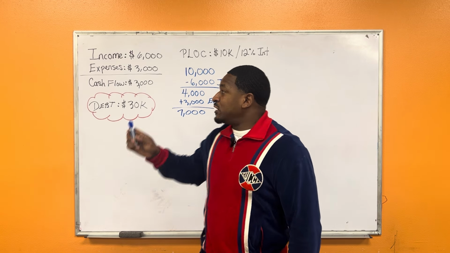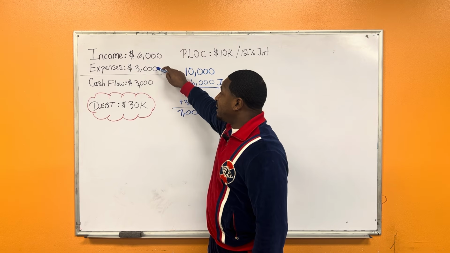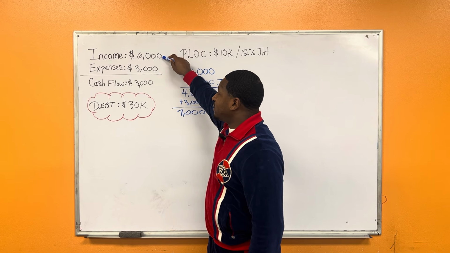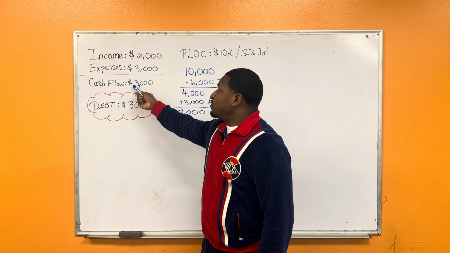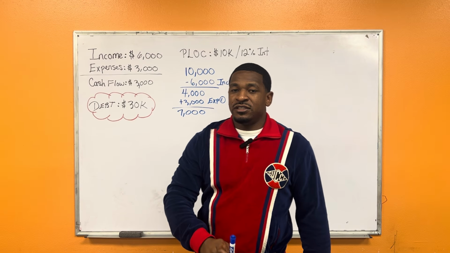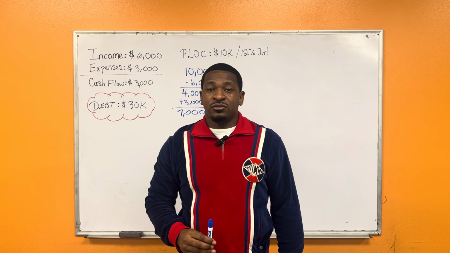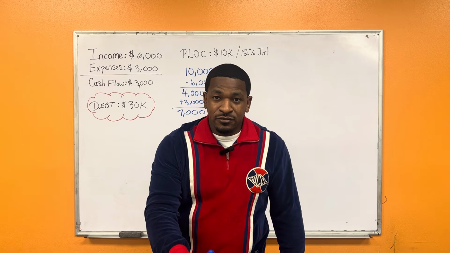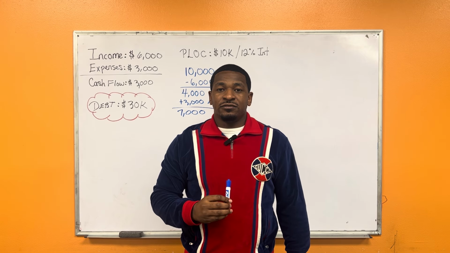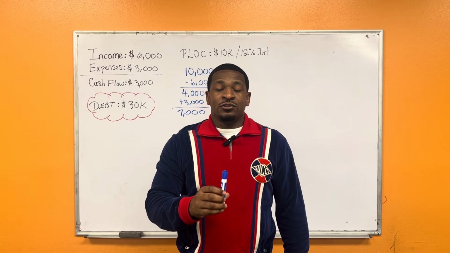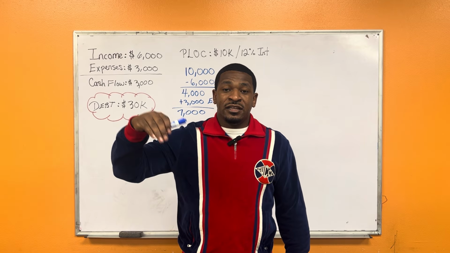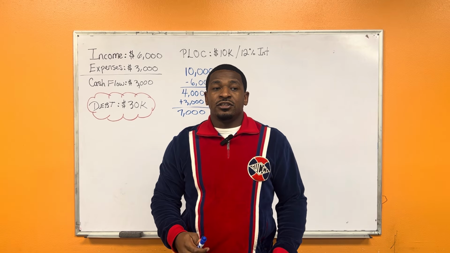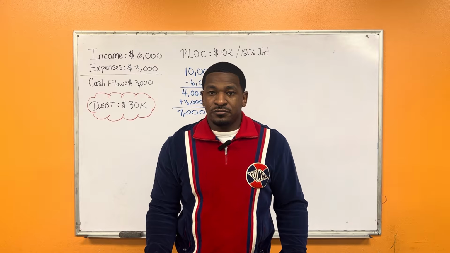If it was the other way around, where expenses are 6,000 and income is 3,000, that would give you negative $3,000 in cash flow. And when you are in the negative with your cash flow, that means you have an unhealthy cash flow.